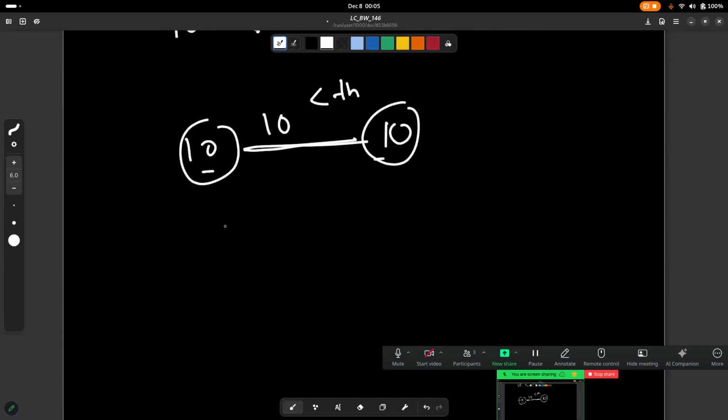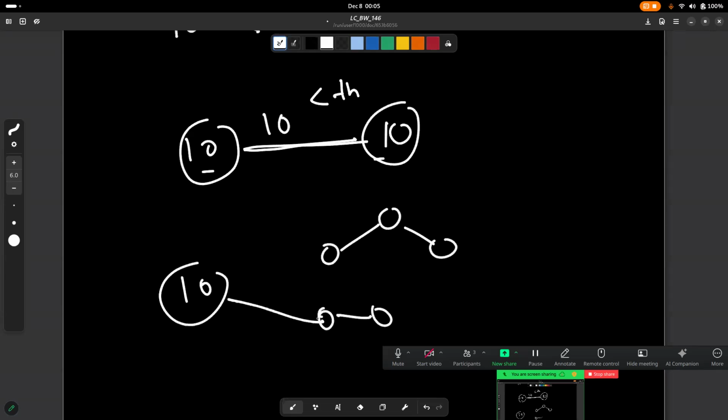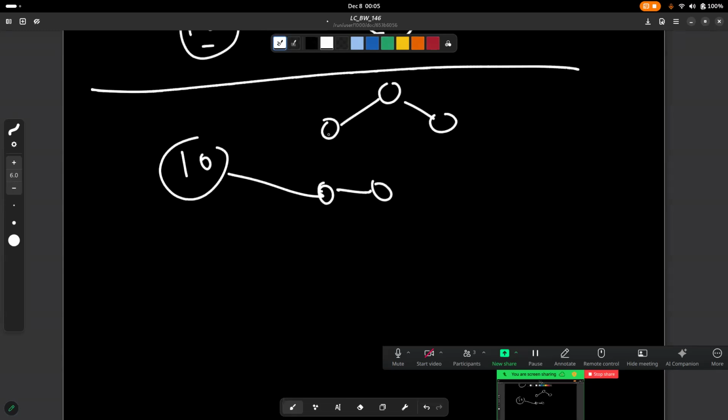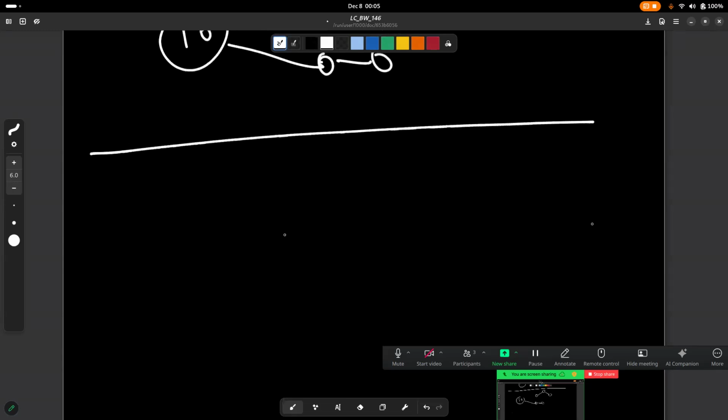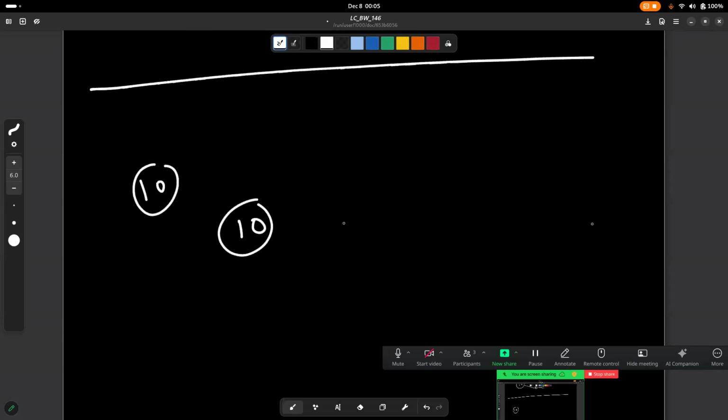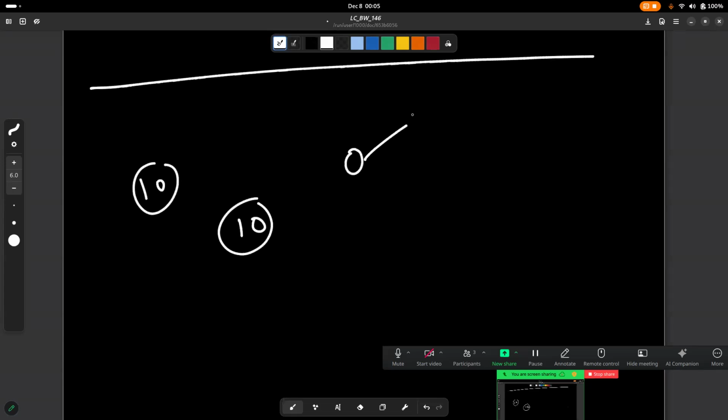Now let's consider two graphs. The first graph had all unique values, and let's just say that 10 got connected somewhere over here. The second graph had duplicate values, two 10s, and the rest of the graph was similar. I connected my 10 to this.